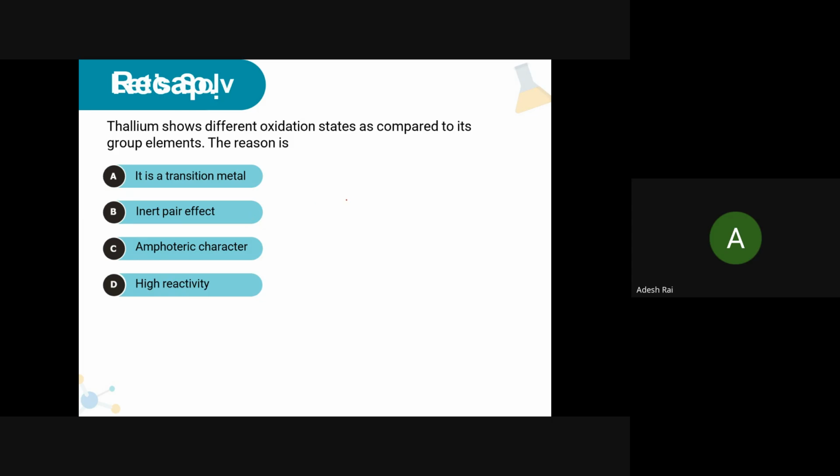See what happens because of the inert pair effect. The ns electrons are heavily attracted towards the nucleus, and hence it is difficult to donate them.